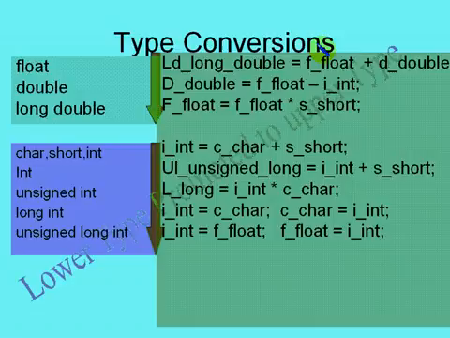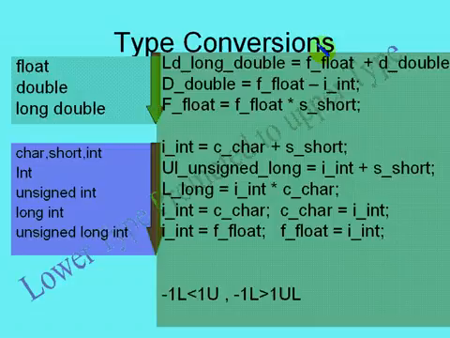Now I'm going to delve a bit deeper into type conversions, and I'm going to explain what's going to happen between conversions of signed and unsigned. That actually will get a bit more complicated, so I'm going to explain that too.